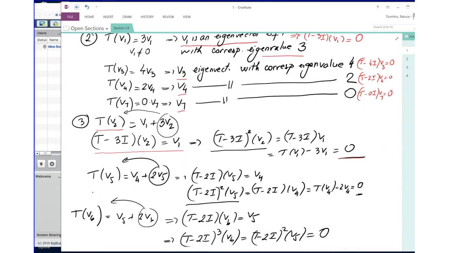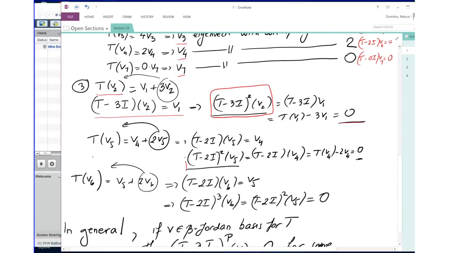That is not the case anymore for vectors like V2, V5, and V6, but what happens here is that T minus lambda identity squared applied to V2 turned out to be 0, squared still for V5, but cubed for V6, right? Those were not eigenvectors, but still something pretty nice happened there.